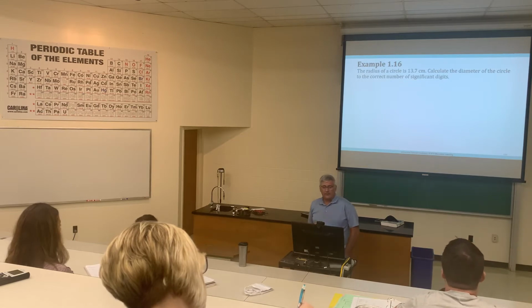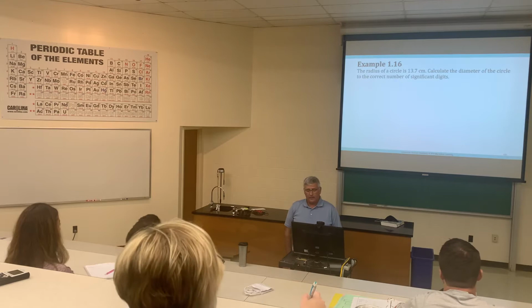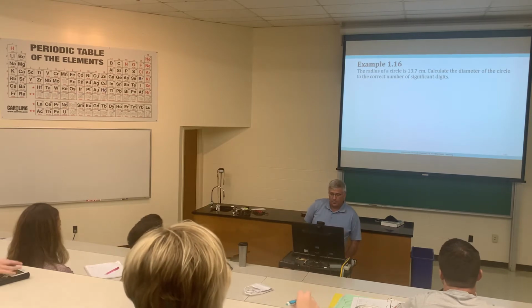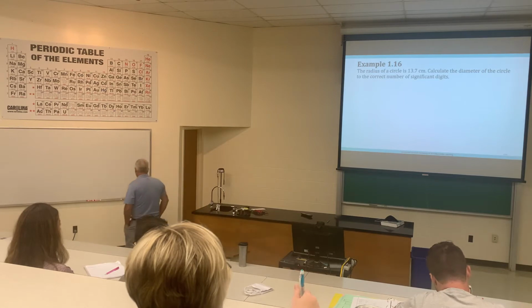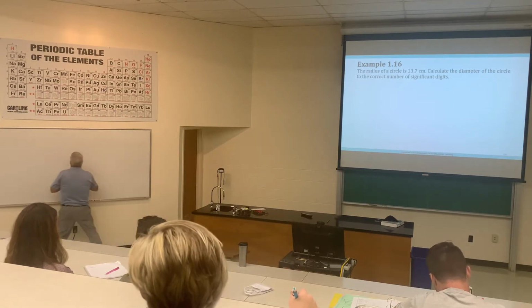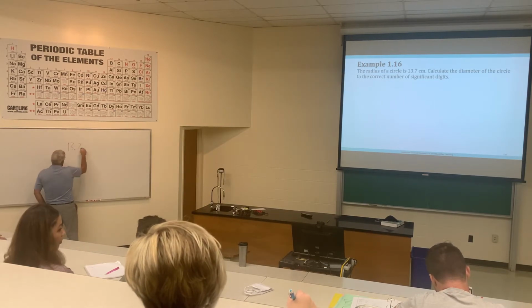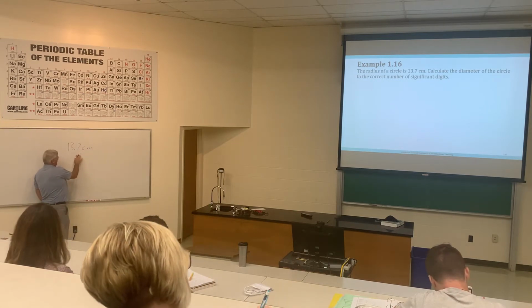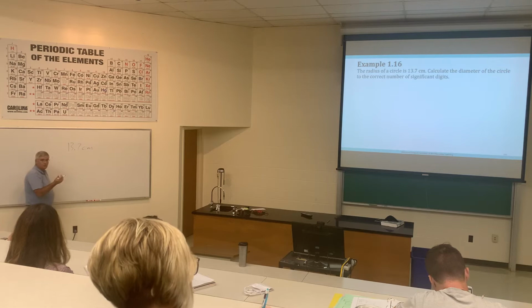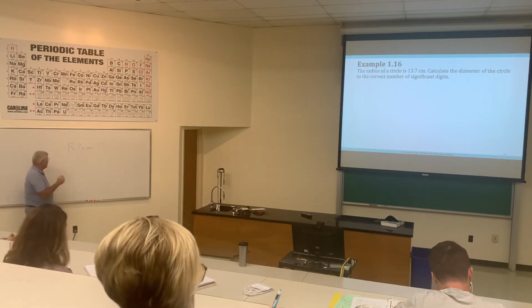How about the radius of a circle is 13.7 centimeters? Calculate the diameter of the circle to the correct number of significant figures. So we have 13.7 centimeters as the radius. And so what's the formula?